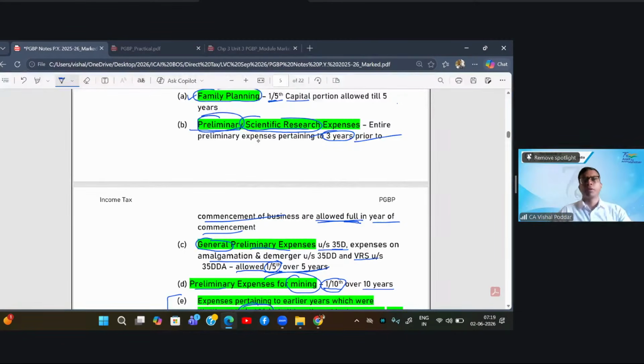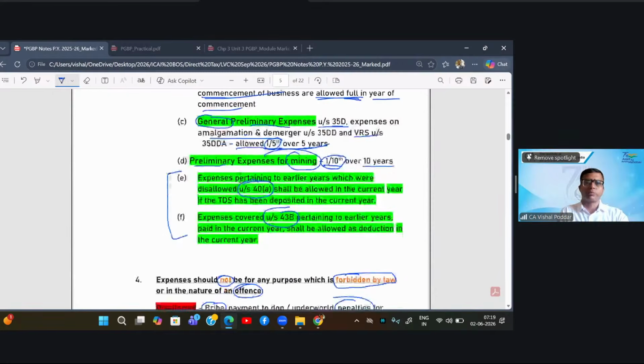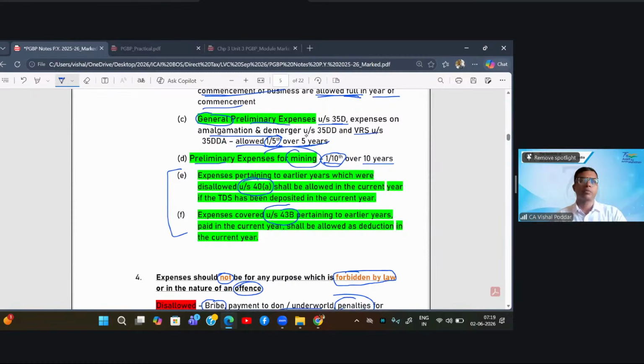So preliminary scientific research expenses are allowed as deduction. Here they have put a condition on how far back preliminary expenses are allowed. An expense incurred a maximum of up to 3 years prior to the commencement of business is allowed.